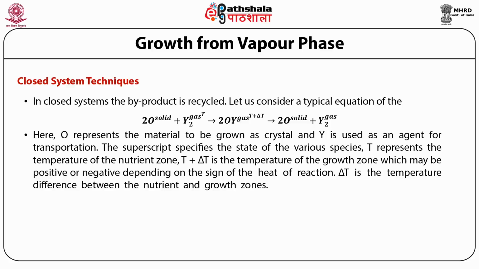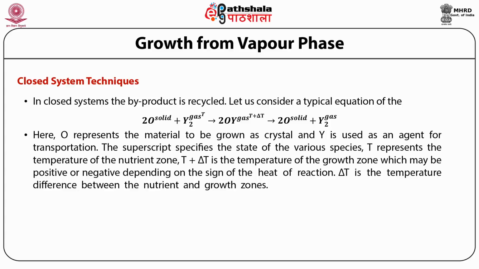The superscript specifies the state of the various species. Capital T represents the temperature of the nutrient zone. T plus delta T is the temperature of the growth zone, where delta T may be positive or negative depending on the sign of the heat of reaction. Delta T is the temperature difference between the nutrient and growth zones.